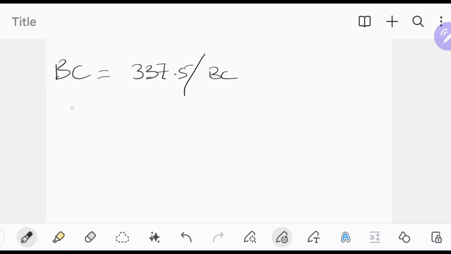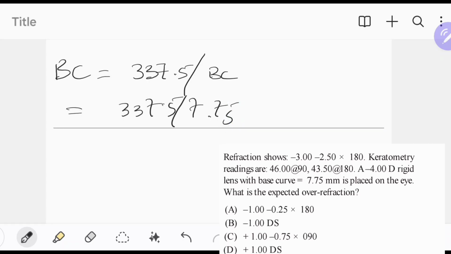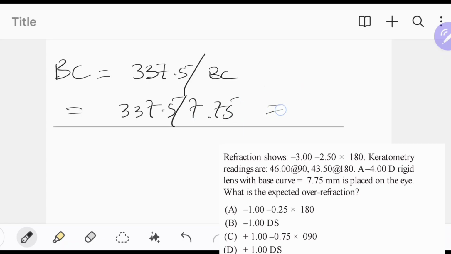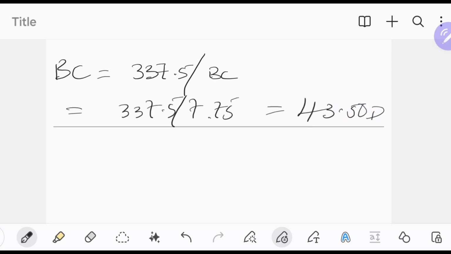So if we do this, our base curve here will be 337.5 divided by 7.75. You can use your calculator to do it. In the exam they will provide a calculator for you. So you'll be getting 43.50 diopters approximately.